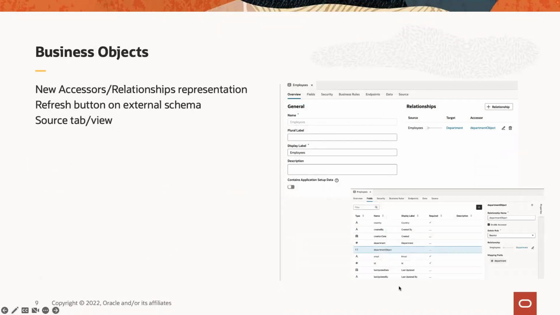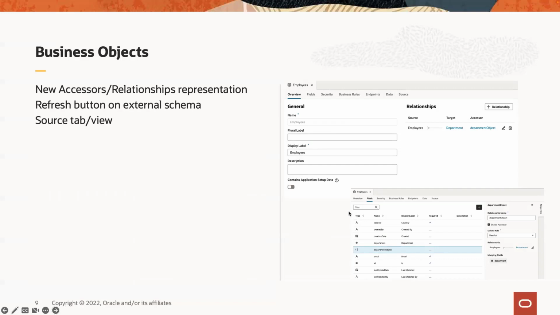We also did a few enhancements in the business object area. One of the things that we changed is how relationships between objects are represented. So associations between various business objects are now represented as a field also inside the field mapping over here.